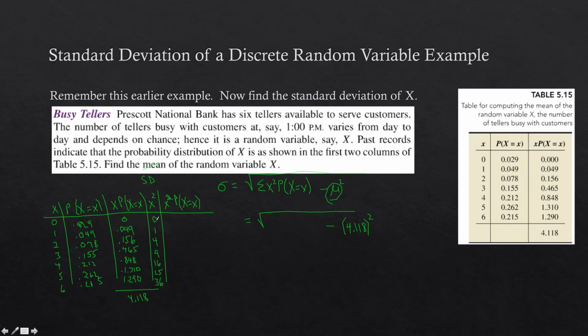So 0 times 0.029, still 0. 1 times 0.049 is still 0.049. 4 times 0.078 is 0.312. 9 times 0.155 is 1.395. And then you've got 16 times 0.212 is 3.392.